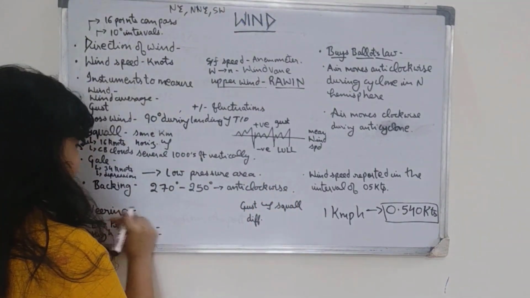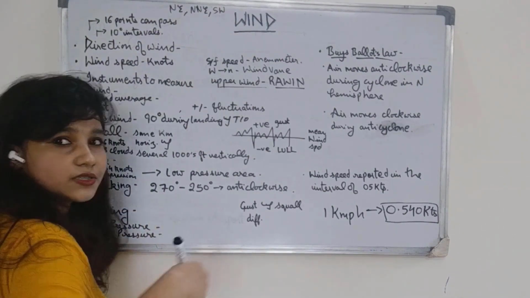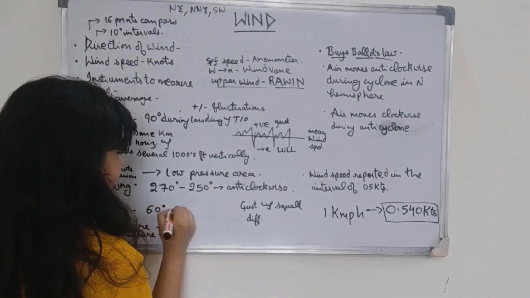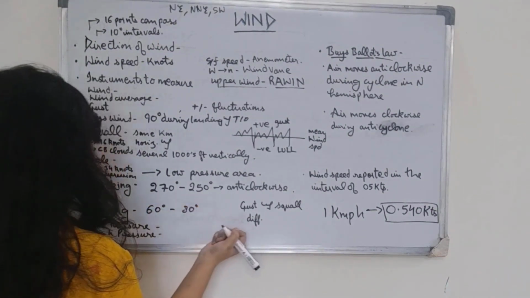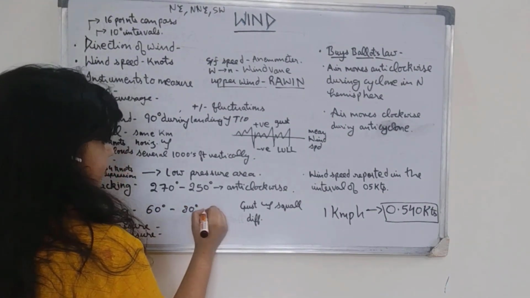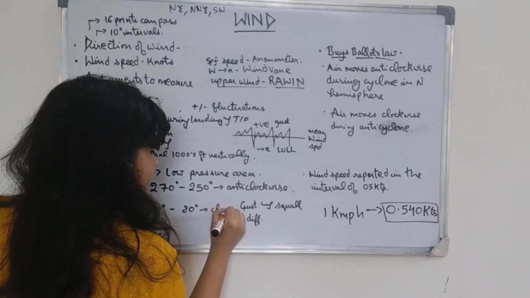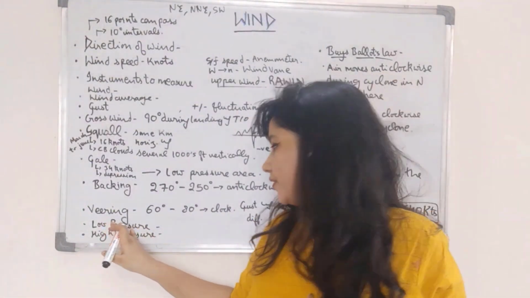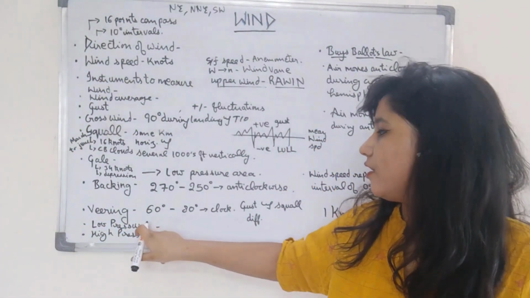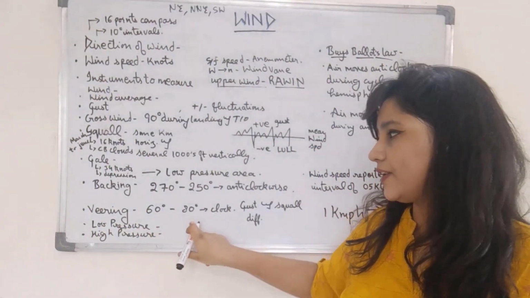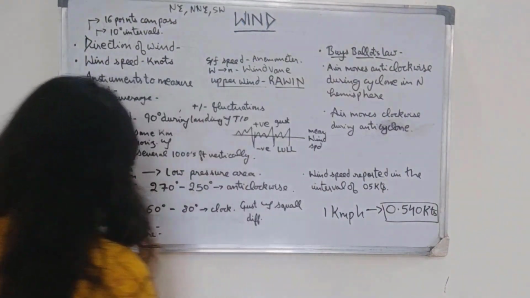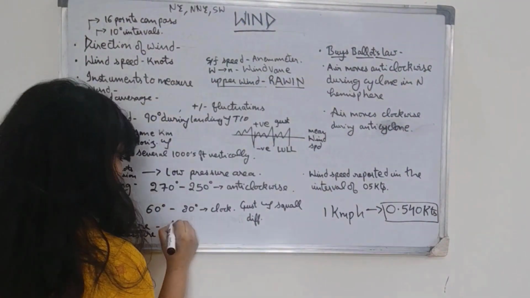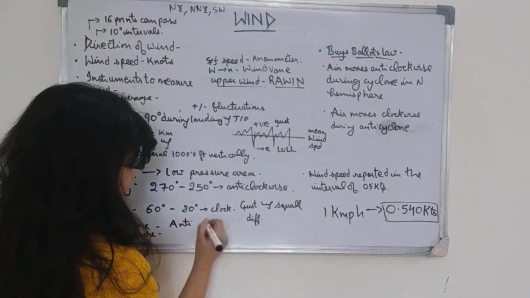If the direction has a positive change, for example 60 degrees to 80 degrees, then it is veering. This is clockwise. In a low pressure region in the northern hemisphere, the air moves anti-clockwise, and in a high pressure region it moves clockwise in the northern hemisphere.